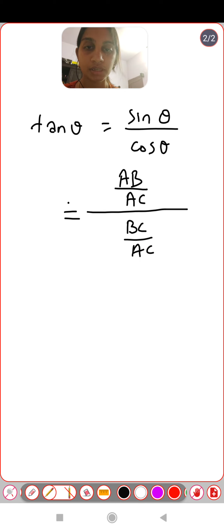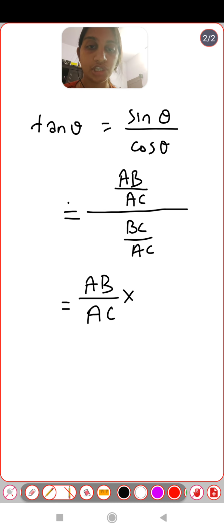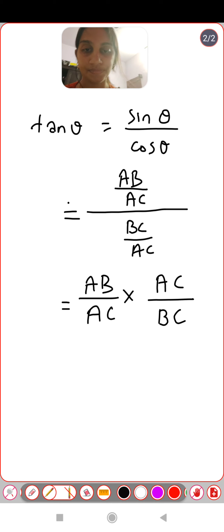For dividing this, we take the reciprocal and multiply, and then we get AB by AC into the reciprocal of BC by AC, which is AC by BC, and the answer is AB by BC.